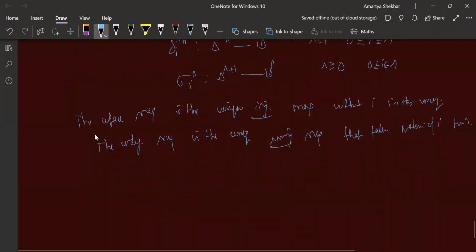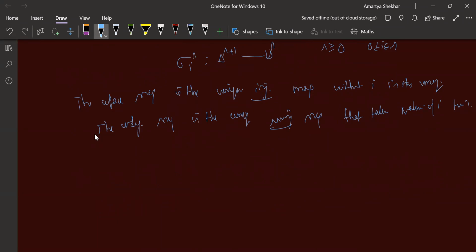It's easy to verify that for all morphisms in the category of simplices, there exists a unique factorization into a composition of a coface and a codegeneracy map.